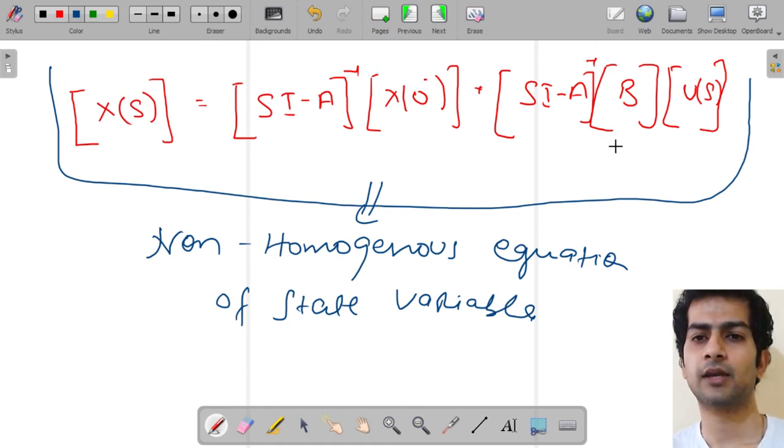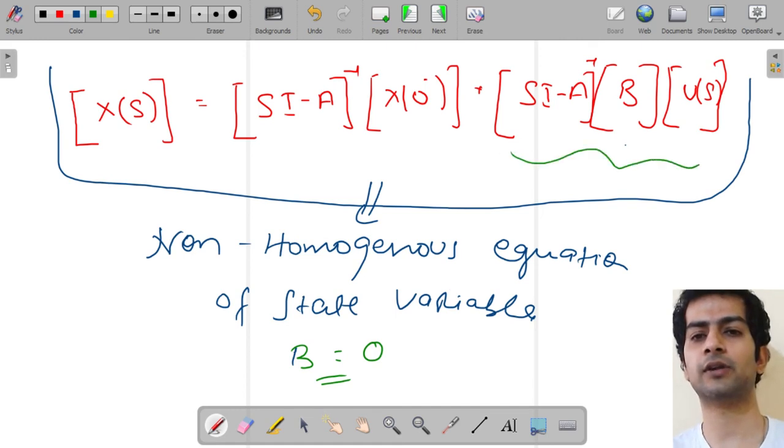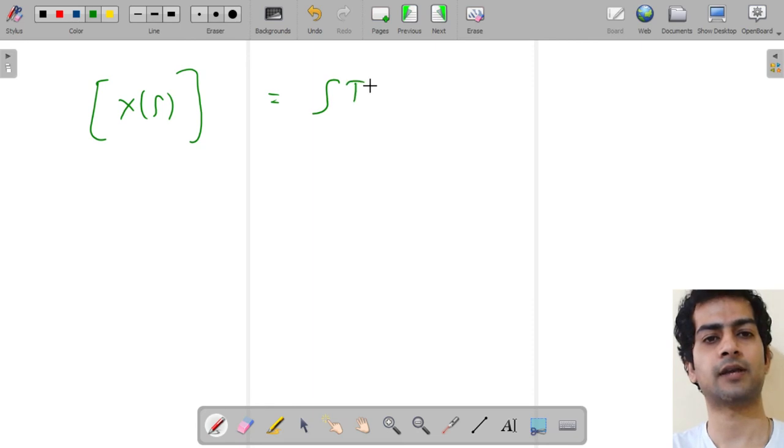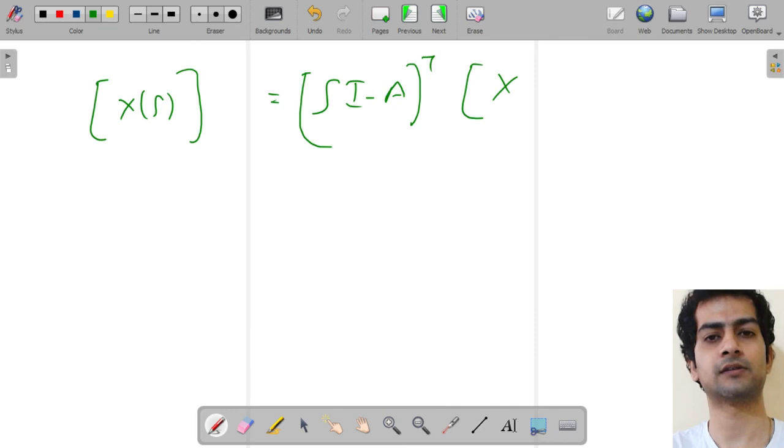Now suppose we put B as 0. What will we get? This part will get cancelled. So we will get something like this: X(s) = (sI - A)^-1 times the initial condition.